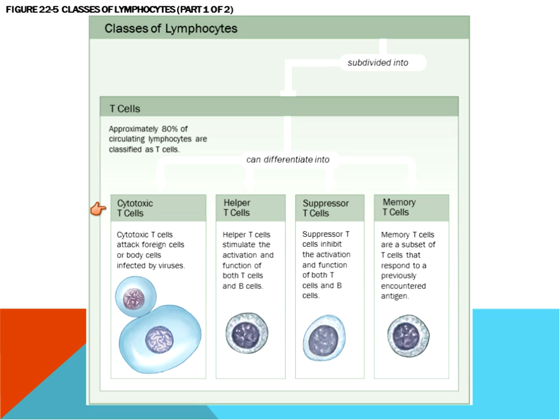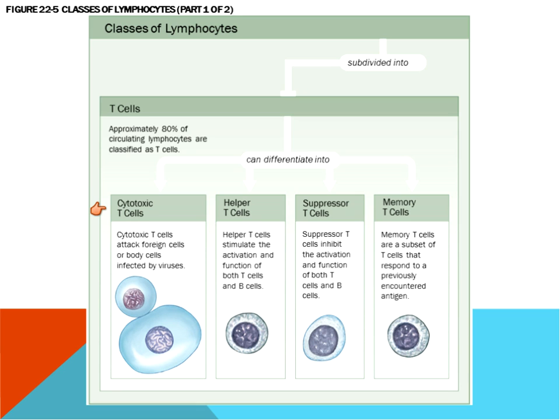We have helper T cells. Helper T cells help to stimulate and activate both T cells and B cells, so just as their name suggests, they are helpers. And then we have suppressor T cells, and suppressor T cells help to monitor the activation of both B cells and T cells, and they make sure that these numbers of cells don't get so large so quickly that they start to cause an autoimmune response or that they start to attack themselves.